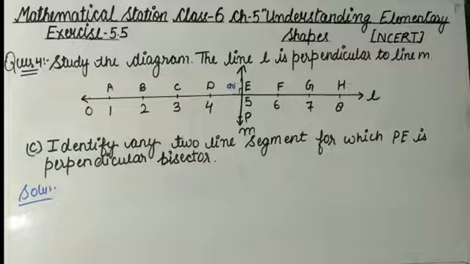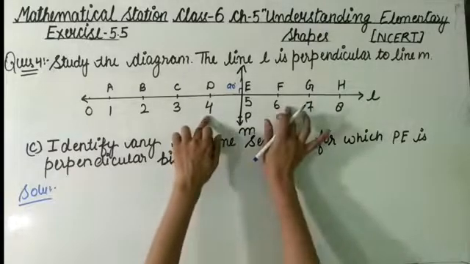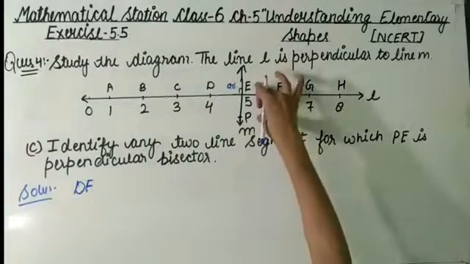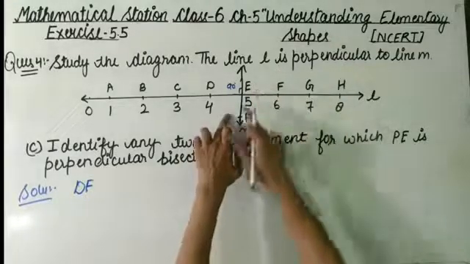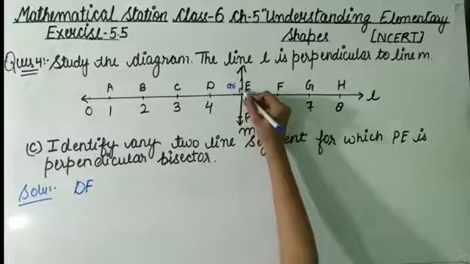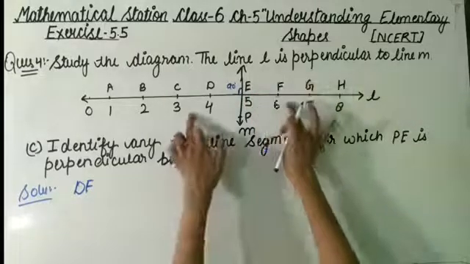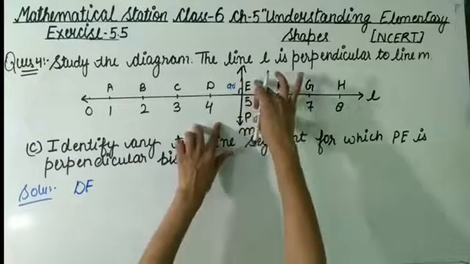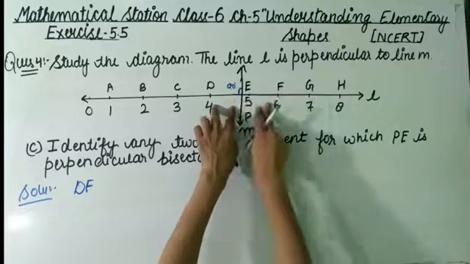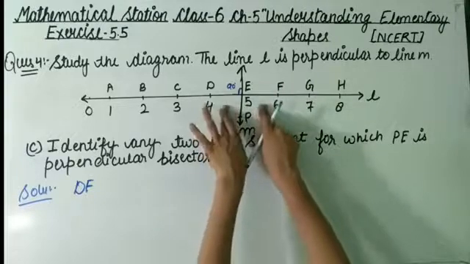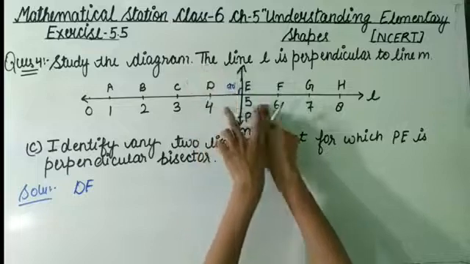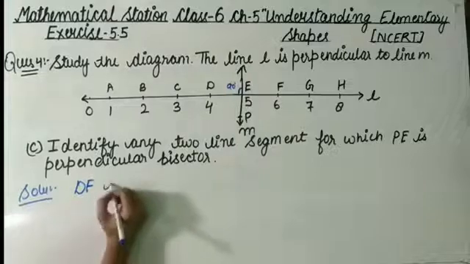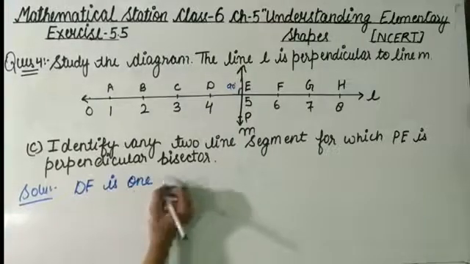First, let us take DF, the distance from D to F. Since PE is in the middle of DF, PE is perpendicular to it, and if we see, PE is also bisecting DF. So DF is one line segment.